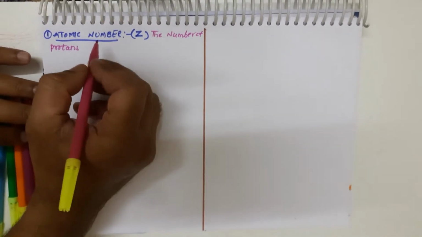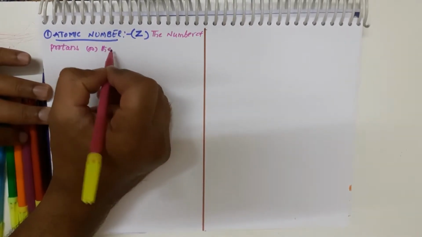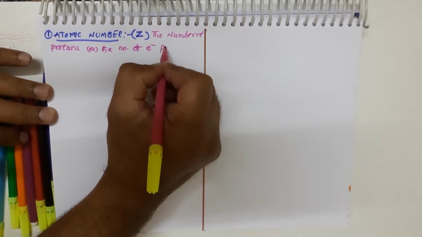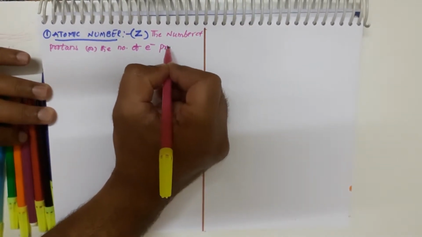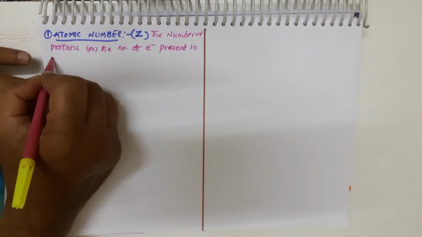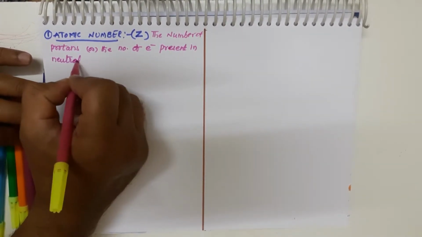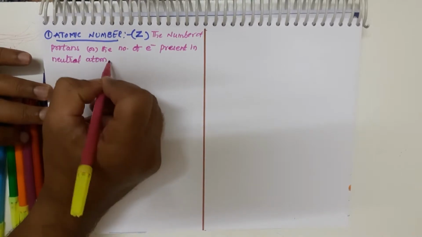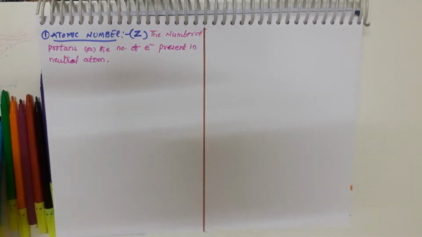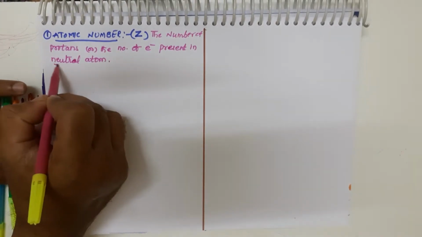We know well that the number of protons is the number of electrons present in a neutral atom, which is known as atomic number, denoted as Z. The number of protons or the number of electrons present in a neutral atom.